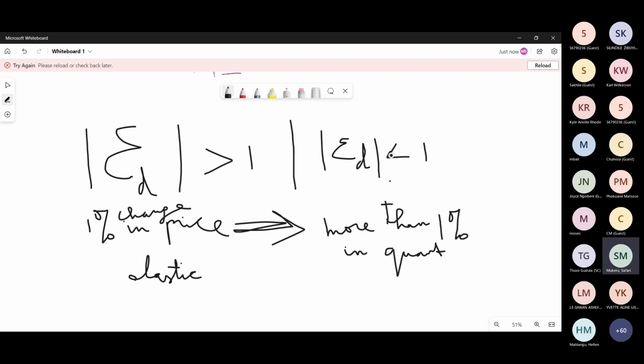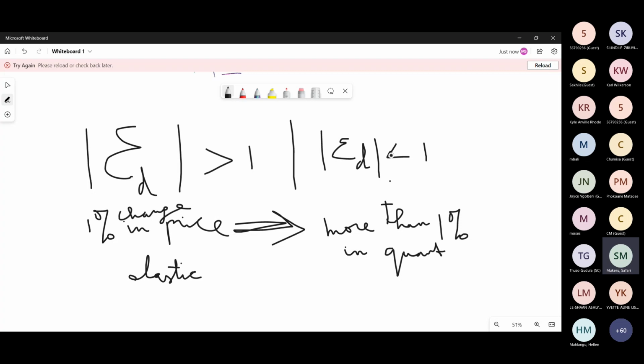The question is which percentage of the demand will be lost, right? Those are important questions that the manager must ask himself or herself. If the price is going up, what do we expect to happen for the quantity?